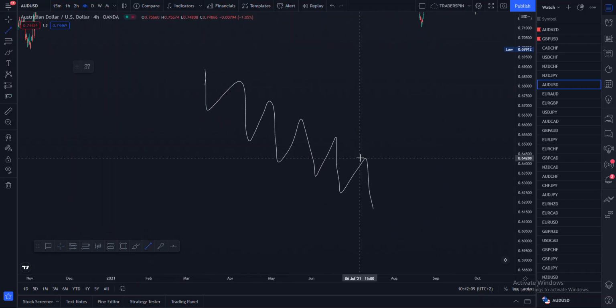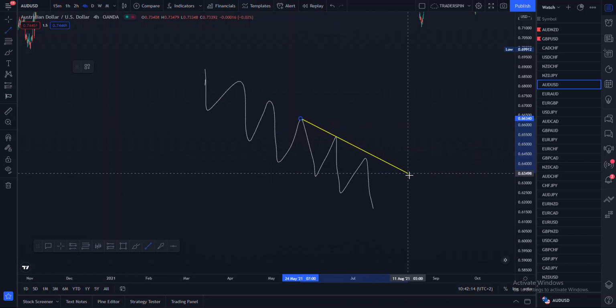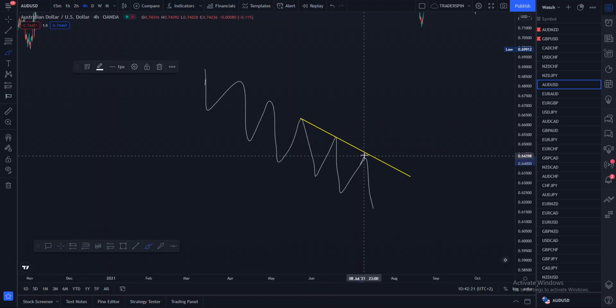So now when you want to sell here, right, you want to draw your trend line starting from here to there, right? You want to sell here.